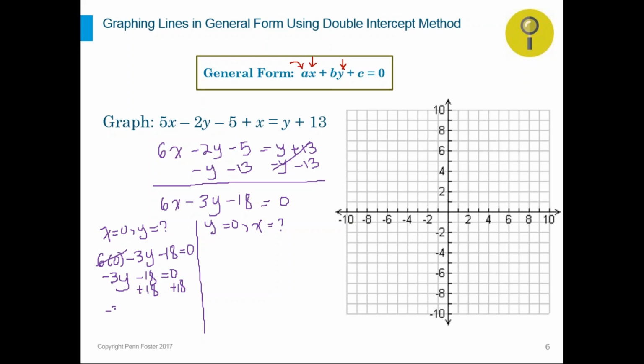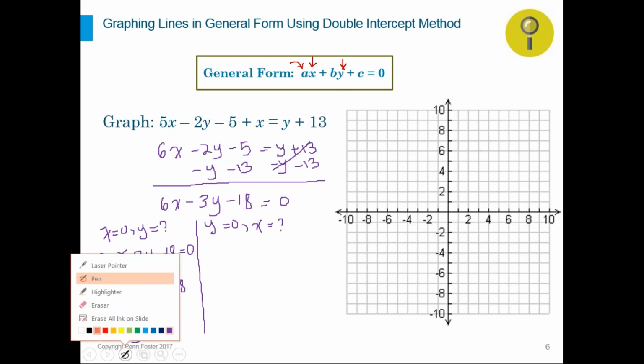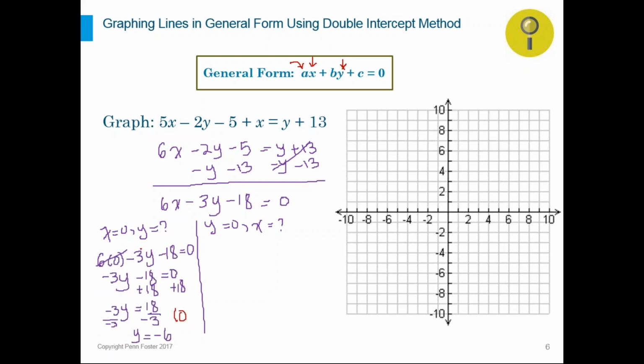So you have negative 3y equals 18. Divide over negative 3 and divide over negative 3. Then y equals negative 6. Your first point is 0, because x was 0, and y is negative 6. The first point on that line is (0, -6).